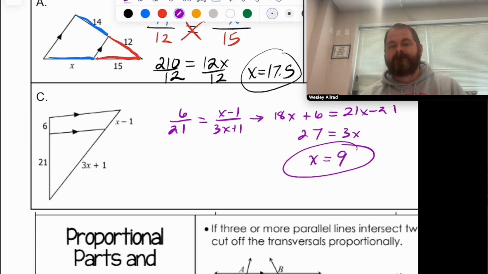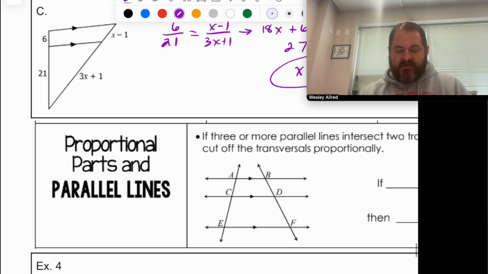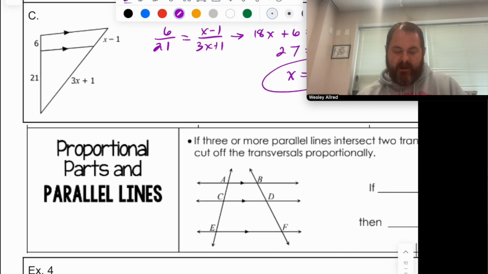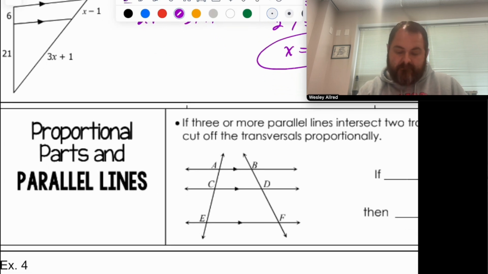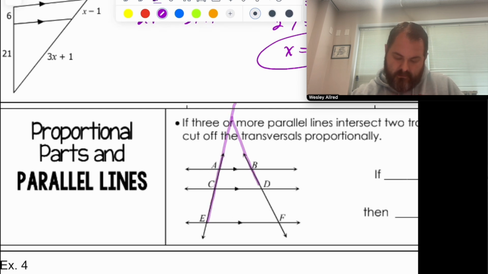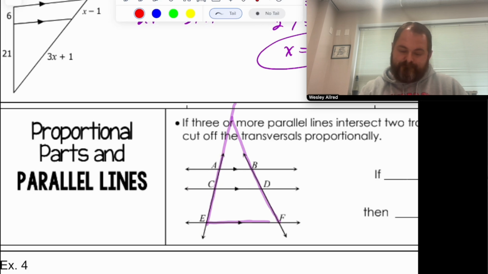Okay? Very good. Now, this same fact about parallel lines in a triangle carries over to just proportions created by parallel lines in general. Basically, it's like we're taking a triangle and we're just looking at this bottom part where I have multiple parallel lines.